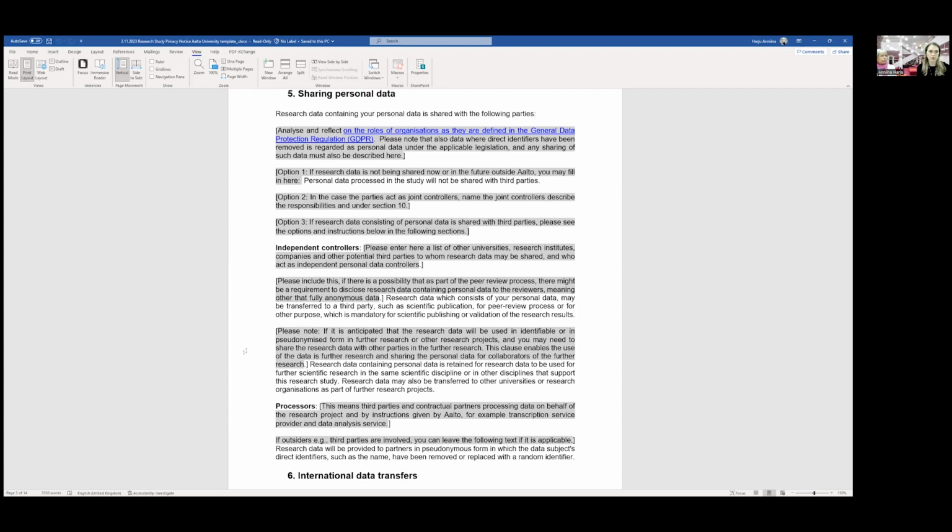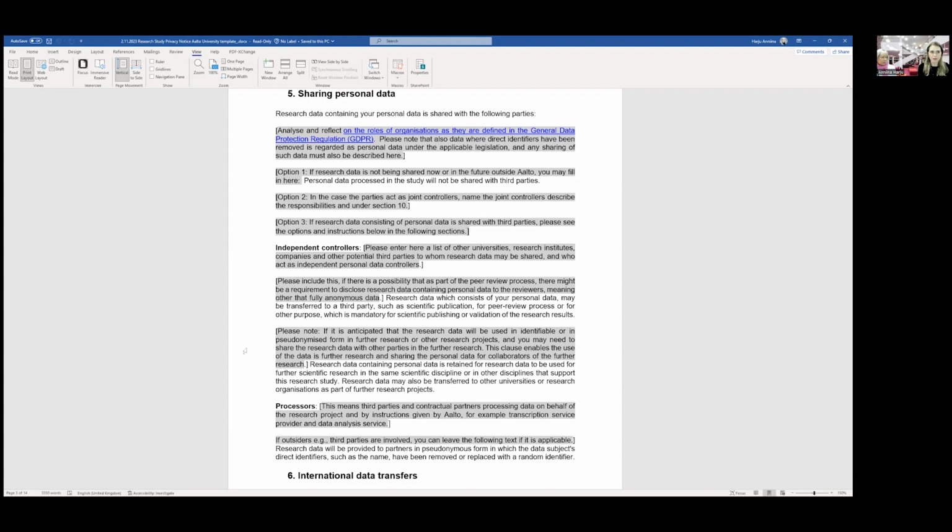So we've had cases where we have actually solved this issue as well. You can basically just be transparent and write that this is a highly collaborative study, but you don't know the collaborators yet. But once you have the information on who will be participating in the study and accessing the data, you will update the privacy notice.